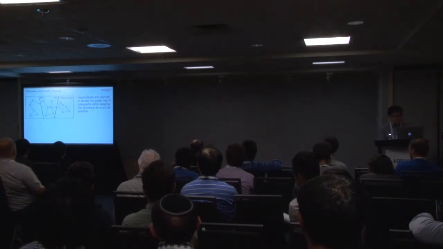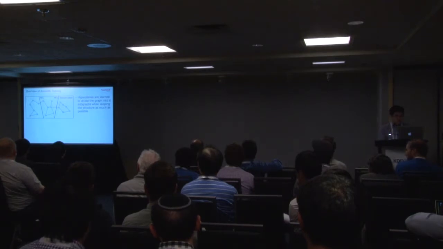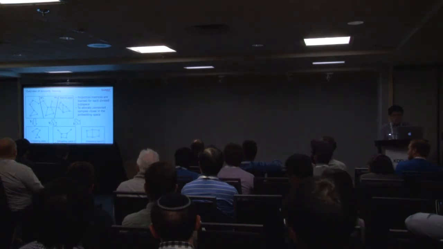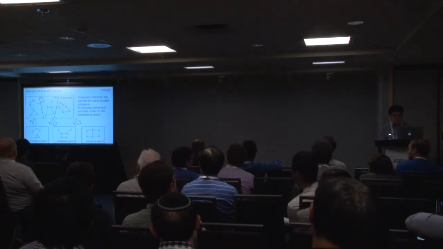In this example, k equals 3. This partition aims to make both training and prediction faster. So, projection matrices are learned for each divided subspace in order to allocate connected samples closer in the embedding space.